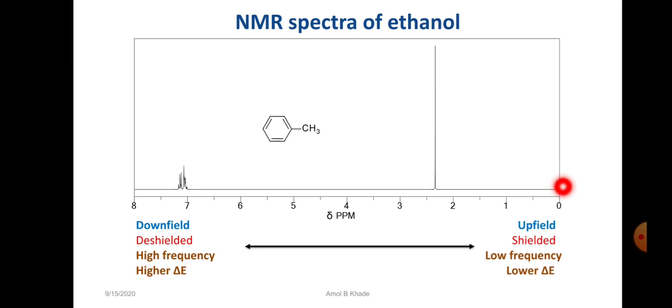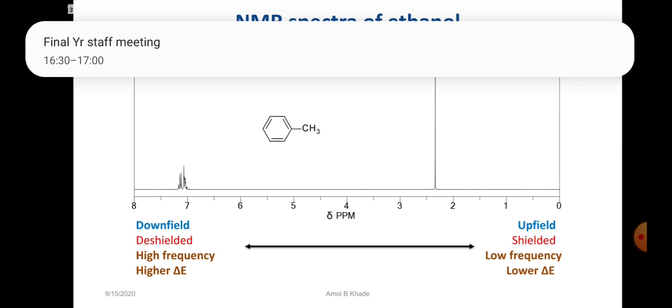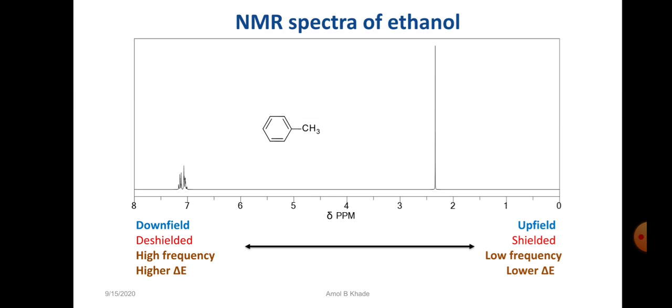The NMR scale is the delta scale on the x-axis, and usually the scale runs from right to left. So it is usually from 0 to 12 delta ppm, where we can get all types of protons in this particular kind of spectrum.